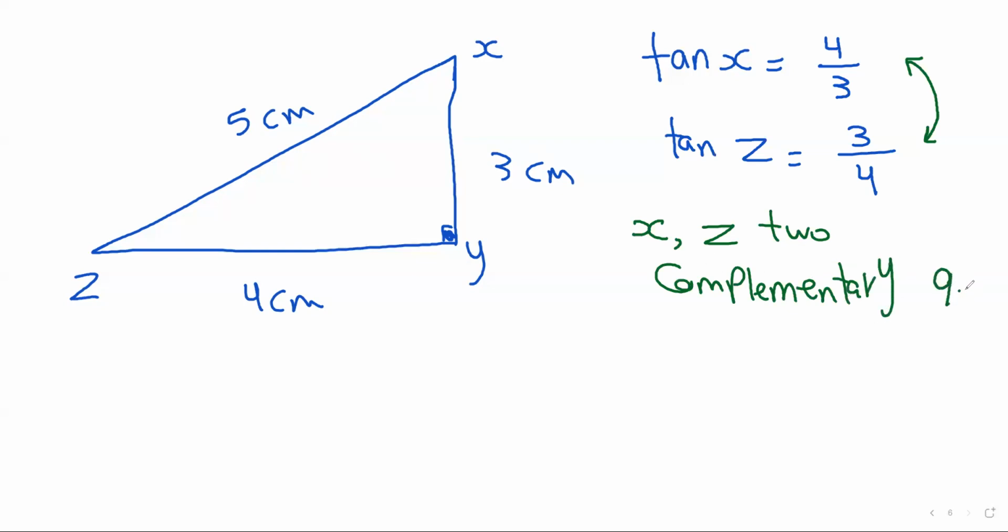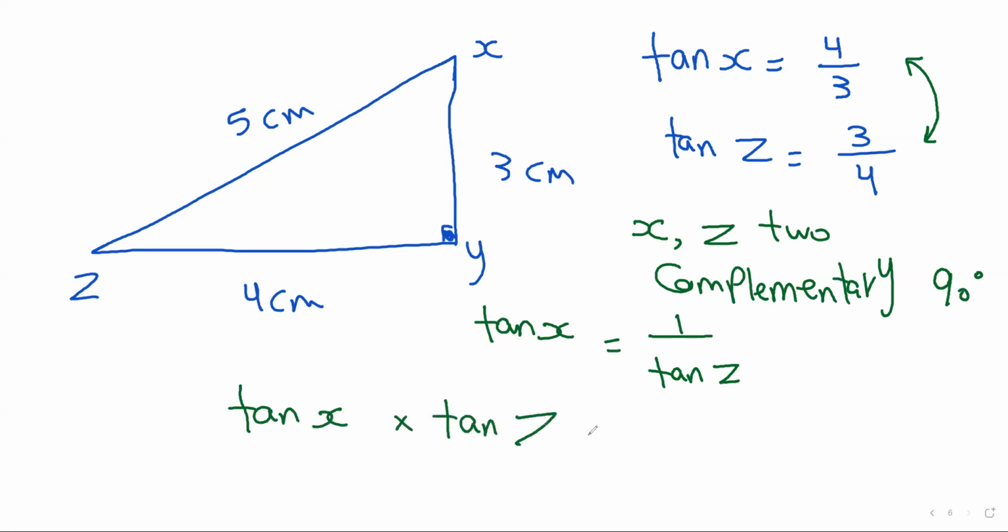So if X and Z are two complementary angles, tan X is equal to the reciprocal of tan Z. Tan X is equal to 1 over tan Z. Or we can say that tan X multiplied by tan Z is equal to 1.